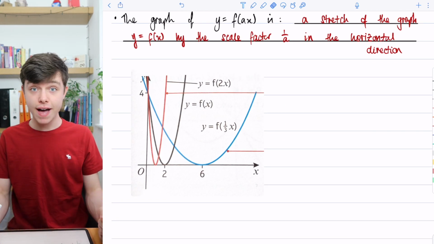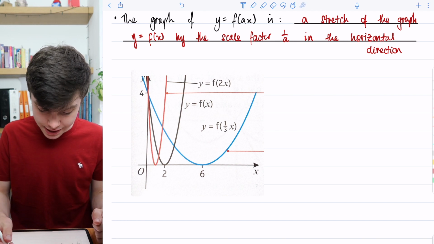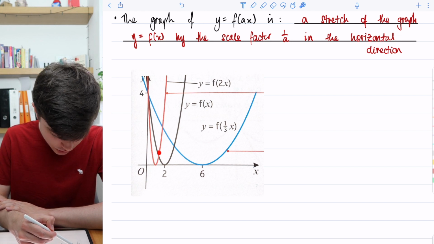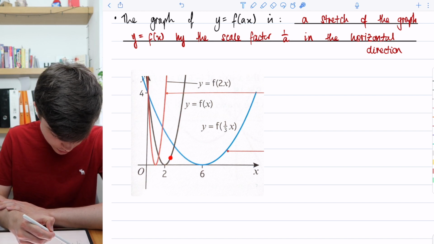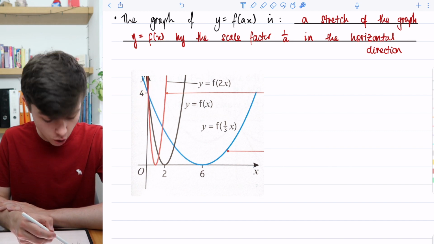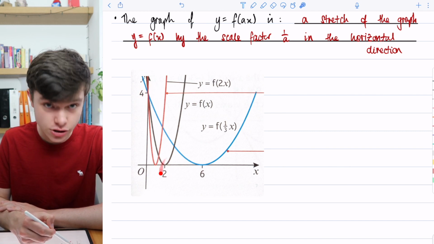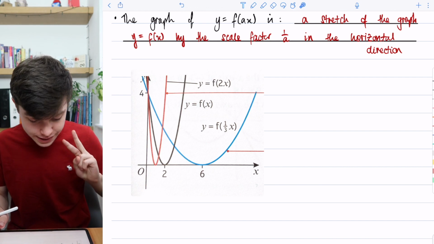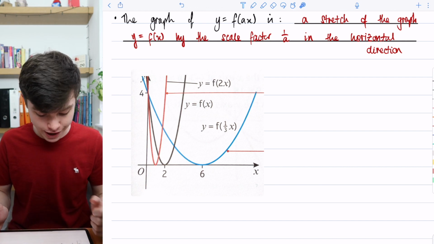Here we have a quadratic. We can see the black graph again is our original quadratic, and we can see it's quite thin. It goes up and down here. It's got a y intersection at 4, and it's got an x intersection or a turning point here at 2. And we've got 2 different horizontal stretches.